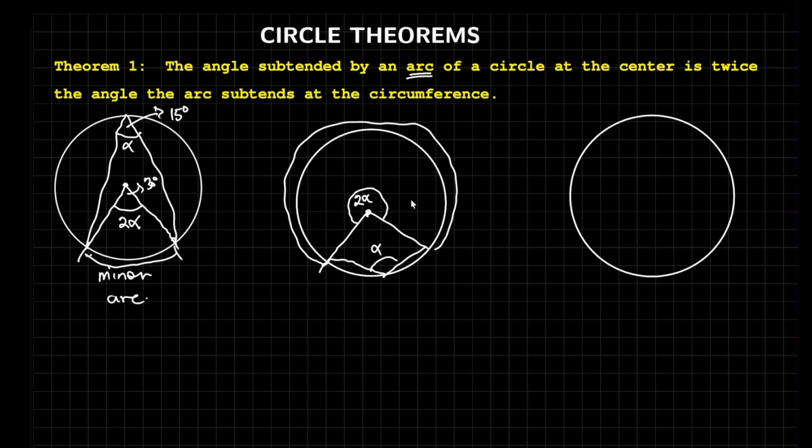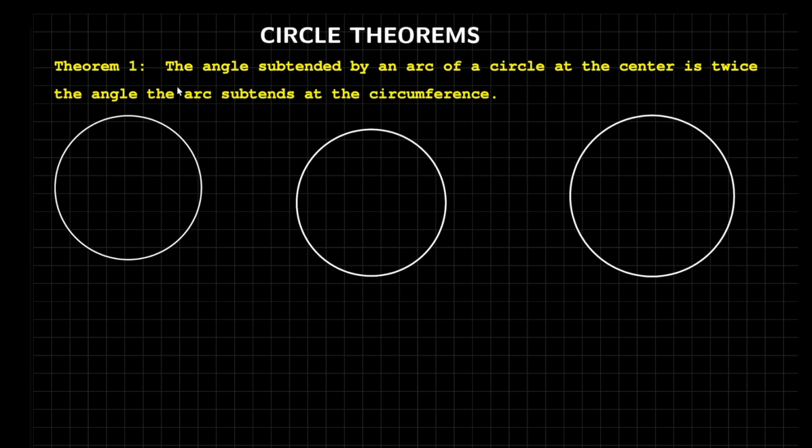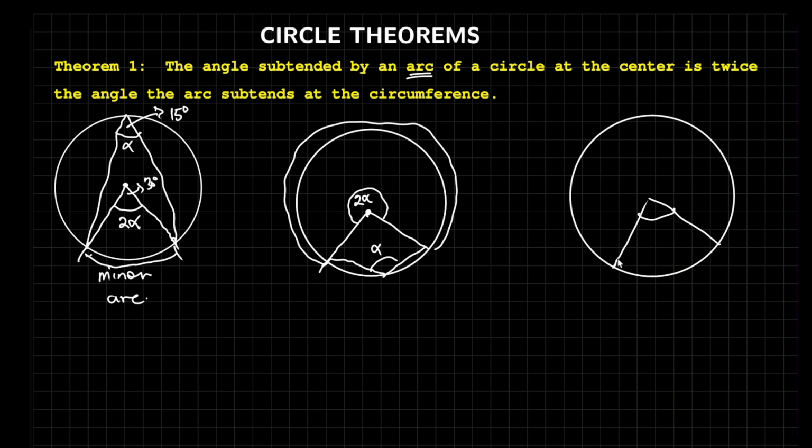Now, the direction in which some of this relationship goes sometimes might be somewhat tricky. In the first case, where we had a minor arc, remember we said that the angle subtended at the center is twice the angle subtended at the circumference, but the angle subtended at the circumference does not necessarily have to be at the top, just like we have it here.